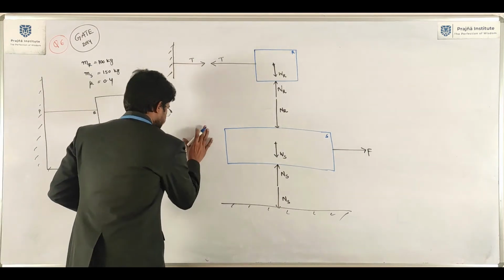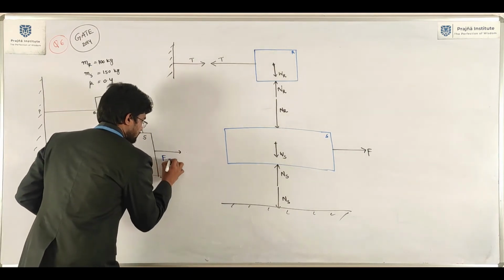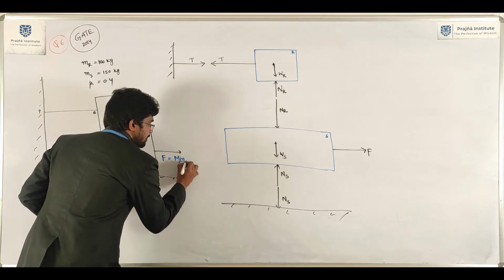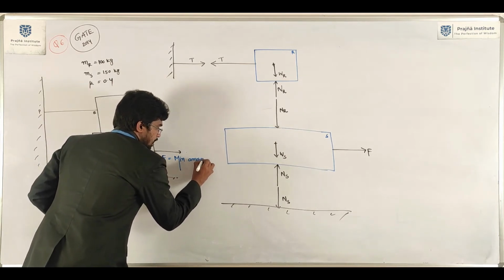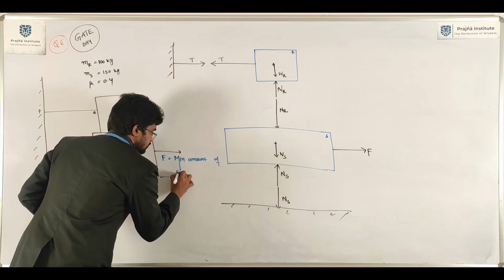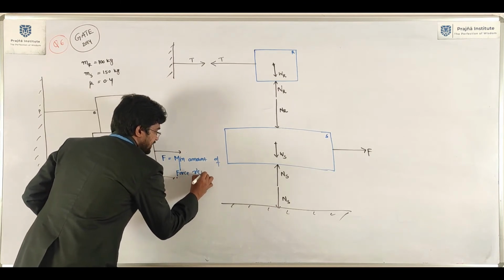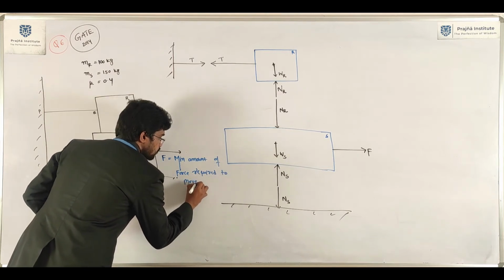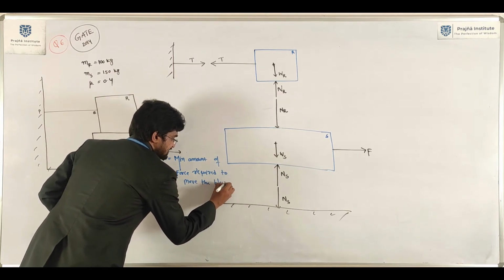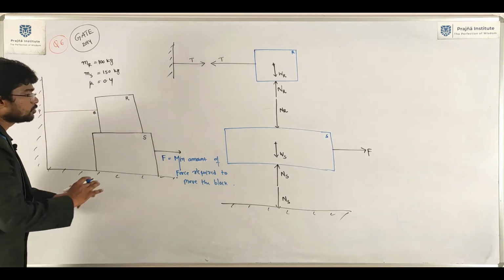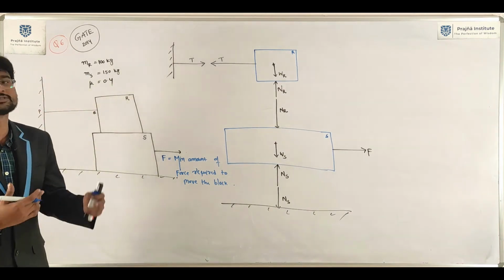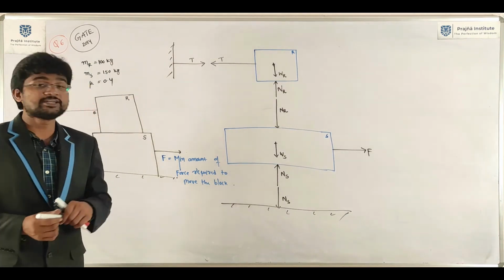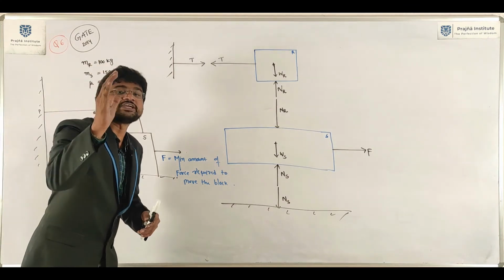That means F, you need to calculate the minimum amount of force required to move the block. That means the block is not in motion. Here static frictional force comes into the picture. That is, here we need to take limiting friction.